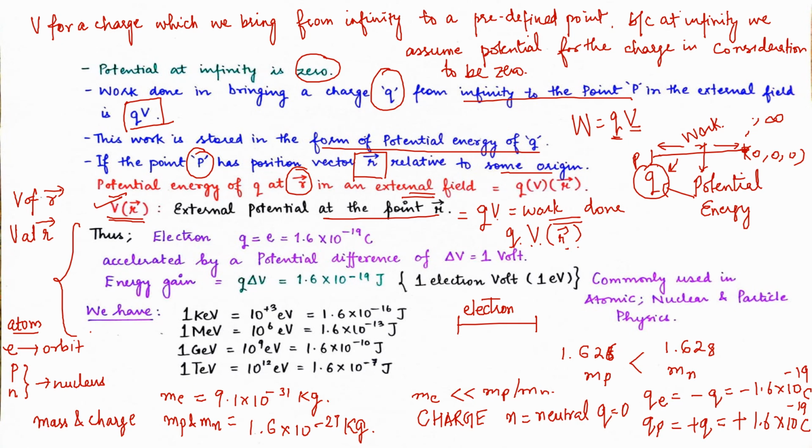So electron and proton have the same charge magnitude, the only difference is their polarity. Now in this situation, we have considered an electron whose charge is 1.6 into 10 to the power minus 19 coulomb, and this should have negative polarity.